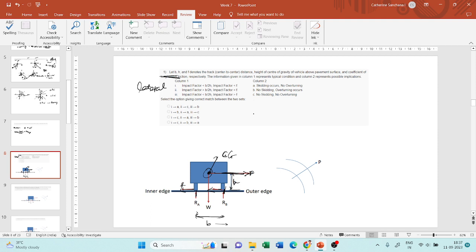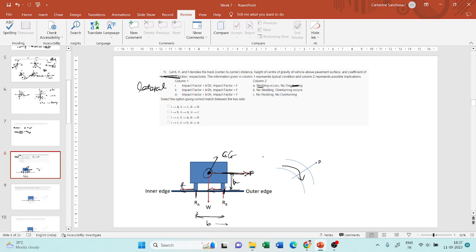Now they've asked you to do a match the following, and you can see two terms here. One is skidding and one is overturning. When your vehicle tries to traverse on a circular curve, you have to be careful that it should not skid, and also it should not overturn.